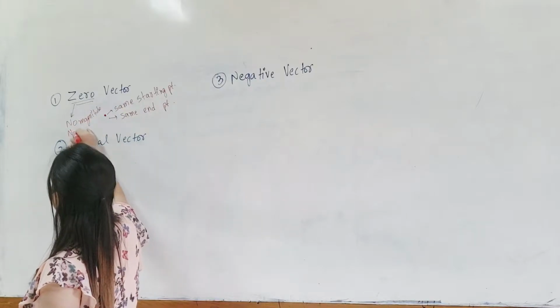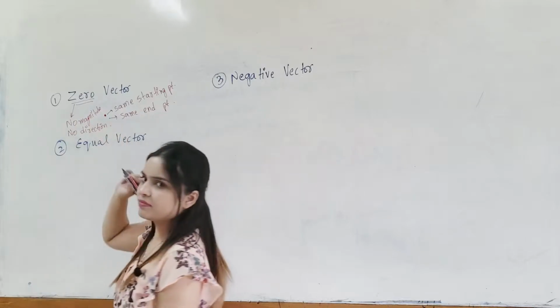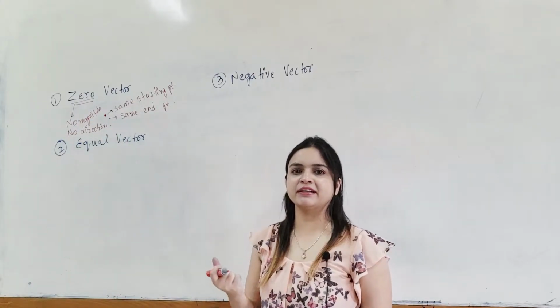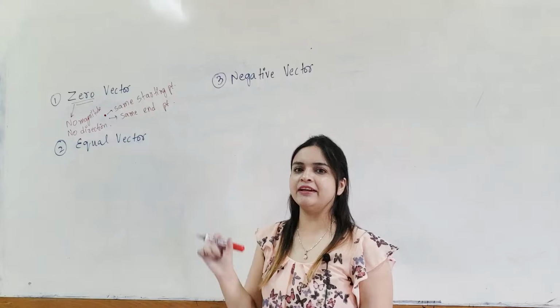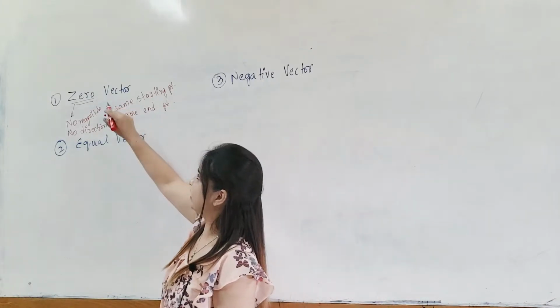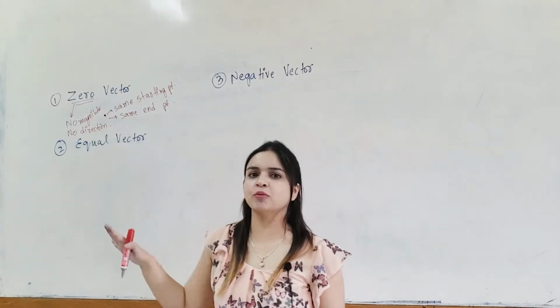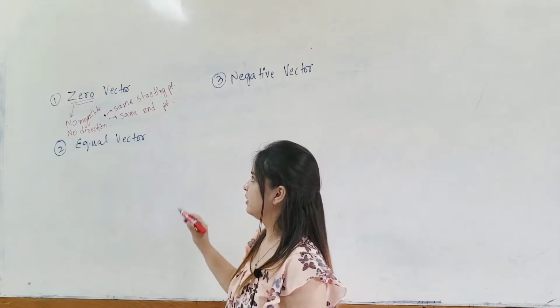So what is the zero vector? When the starting point and the end point of the vector is same, then that vector is called a zero vector. And this zero vector has no magnitude and no direction.